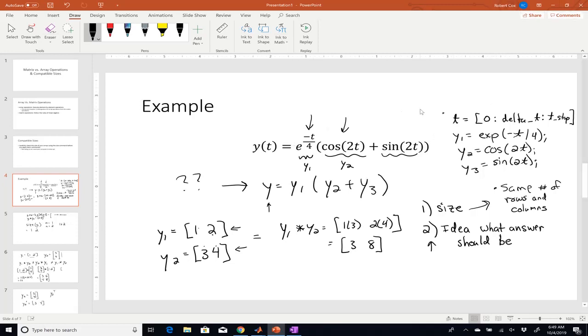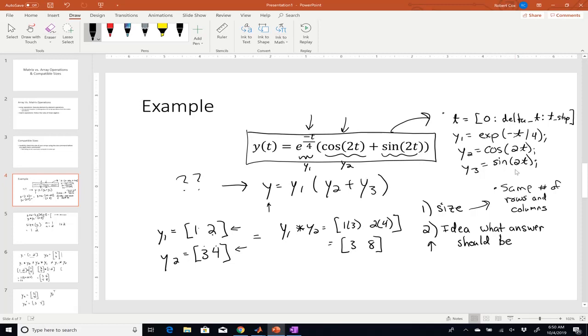All right, so let's go back to my original problem, which was this, okay? Which again, I would very often approach like this. I'd create a t vector, which then makes y1 a vector, then makes y2 a vector, makes y3 a vector.